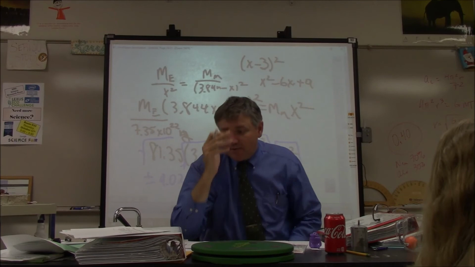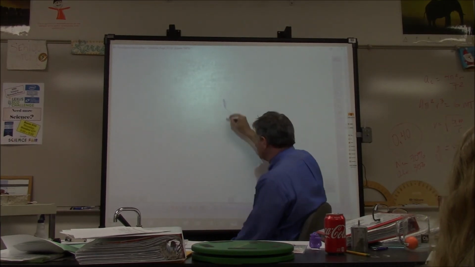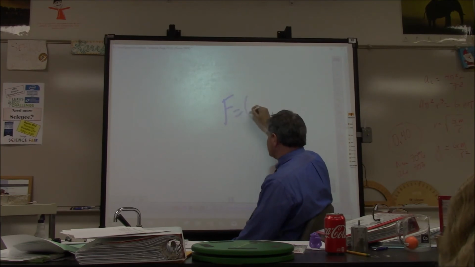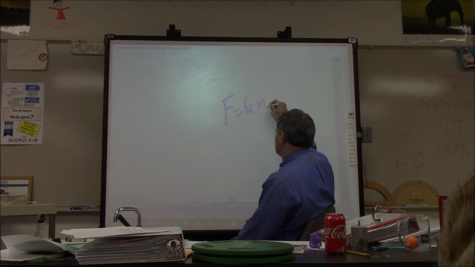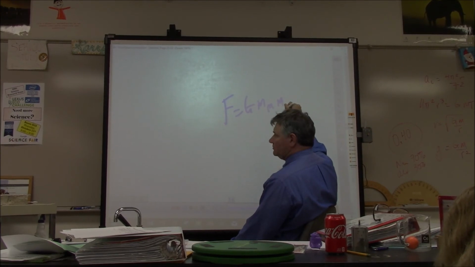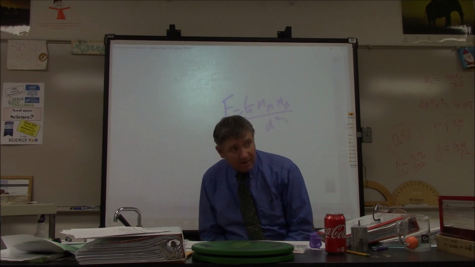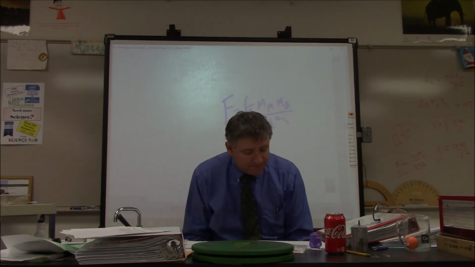No. So this is what I would suggest: nothing's in orbit, so I've got big G, mass of the marble, mass of the bowling ball, divided by distance squared. Guess what? You know everything but the mass of the marble.